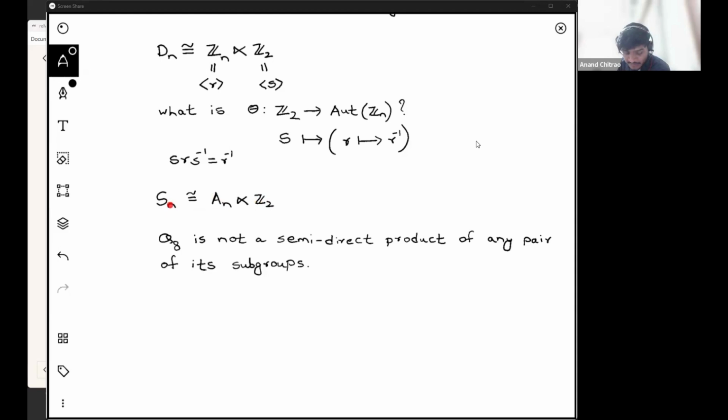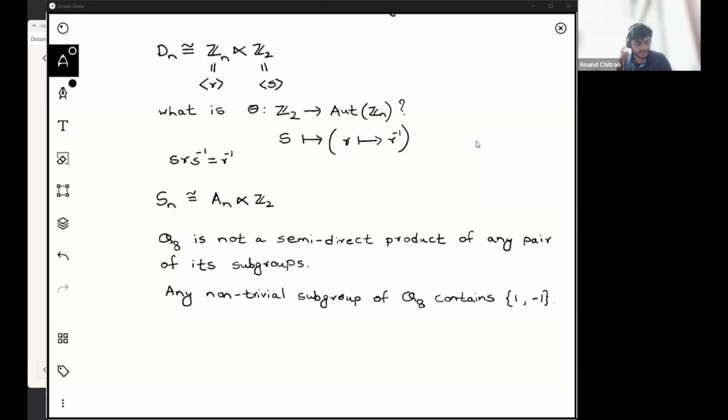So it's a necessary condition. If a group is a semi-direct product, then it necessarily has two distinct subgroups which intersect trivially. That's not the case in Q8. Any non-trivial subgroup, meaning non-identity subgroup, of Q8 contains 1 and -1.